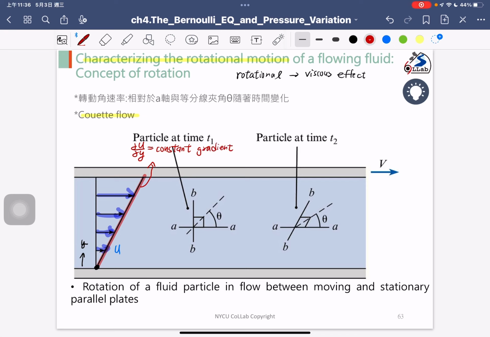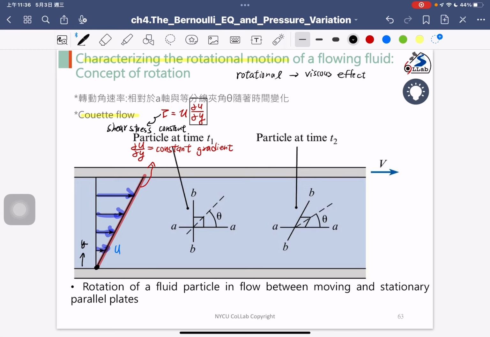And based on the viscosity equation, we know that the shear stress equals the dynamic viscosity multiplied by du/dy, right? So if your velocity gradient is always constant, that indicates the shear stress is also constant, right?